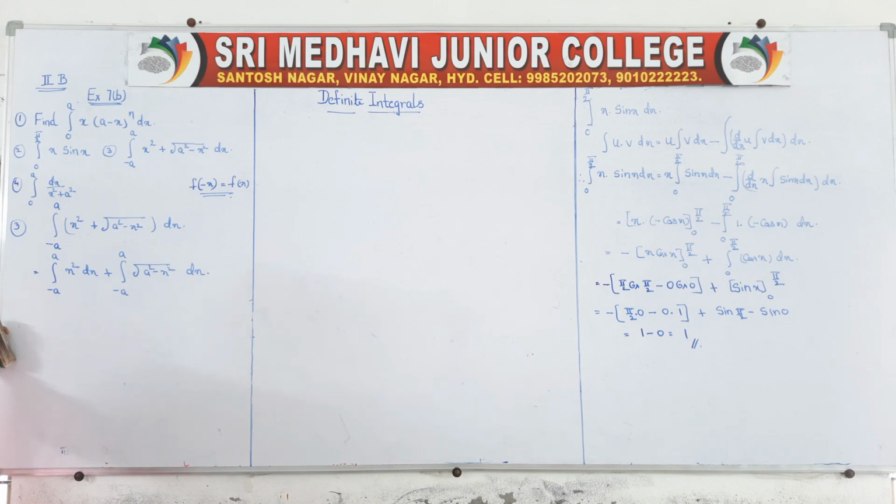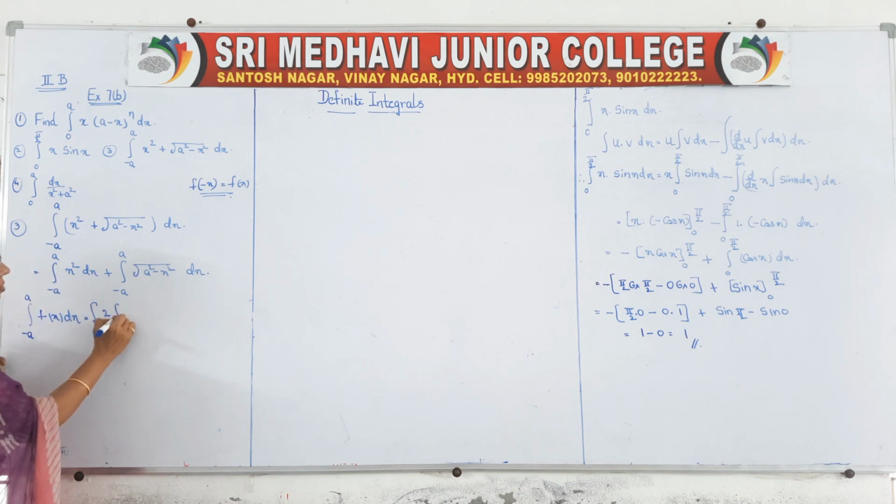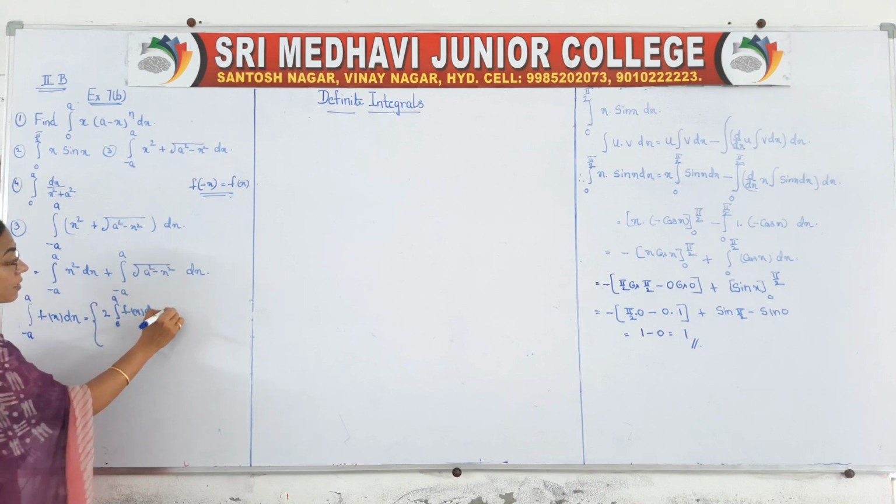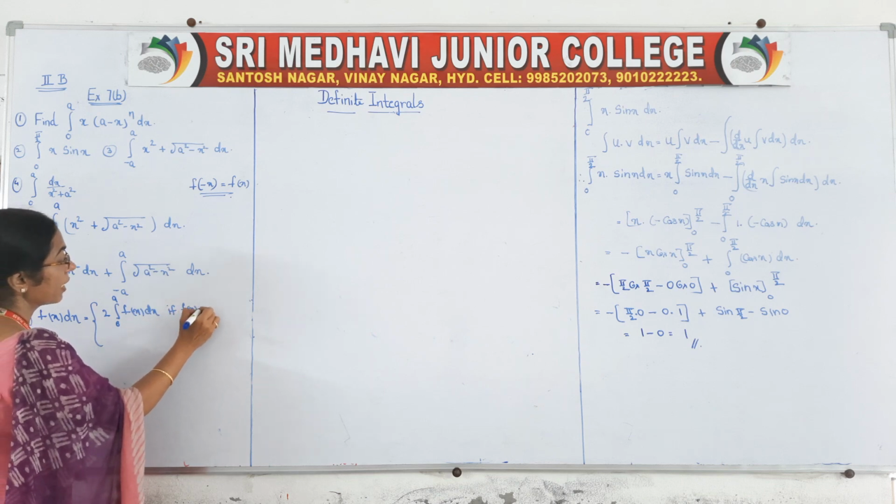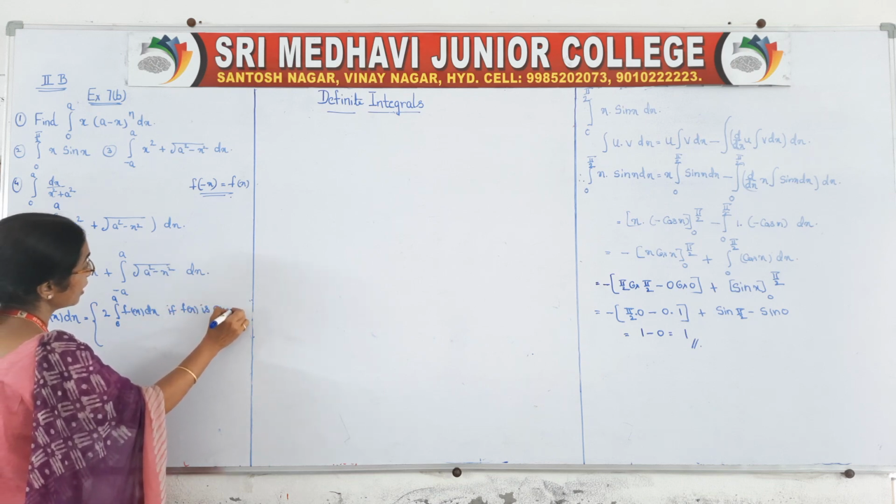These two functions are even functions, and there is one formula. What is that? Why are we discussing even functions? Because there is one formula in which we take even and odd functions. Integral from minus a to a of f of x dx can be taken as 2 times the integral from 0 to a of f of x dx if f of x is an even function.